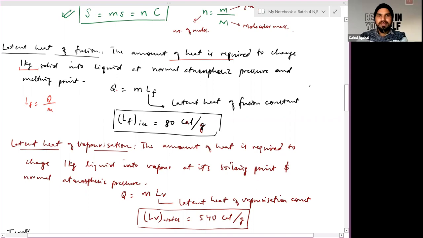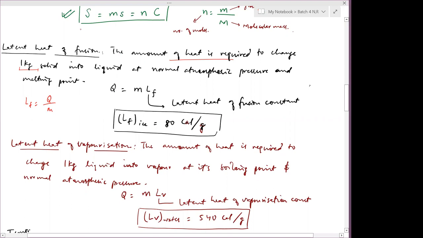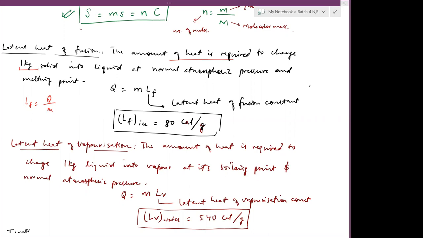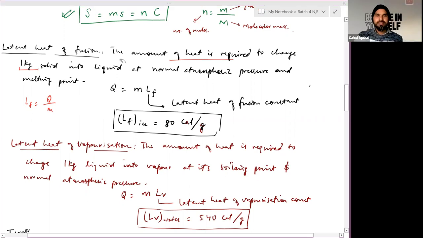Is it clear? Okay, sir. Just see this particular term. In this definition, the amount of heat required to change 1 kg solid into liquid, or you can say the amount of heat required per unit mass to change its state from one to another, is called latent heat.